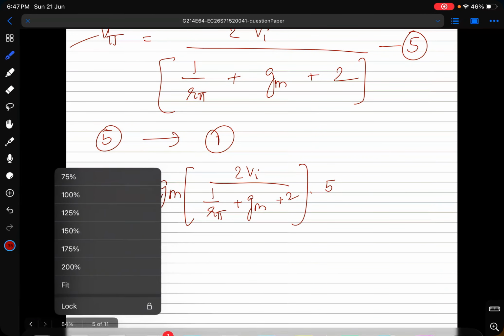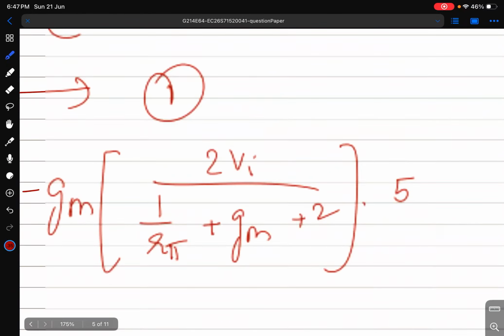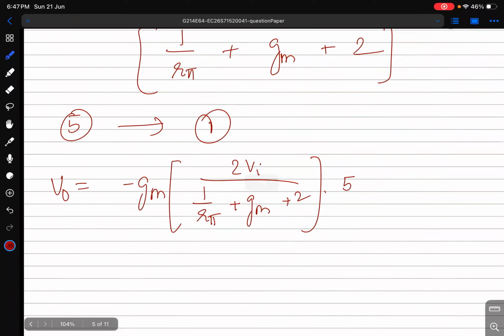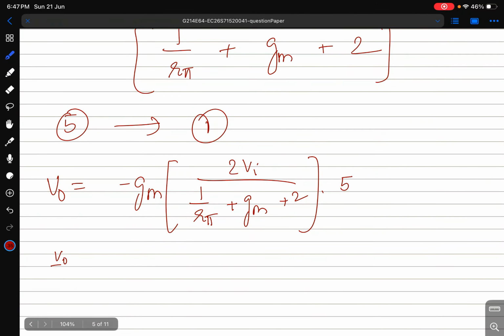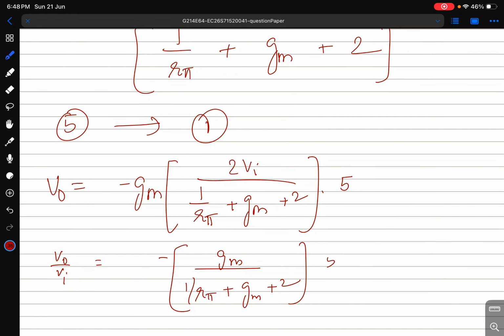Now I just have to substitute the values. So it will be V naught by Vi equals to minus Gm by 1 by R pi plus Gm plus 2, into 5.